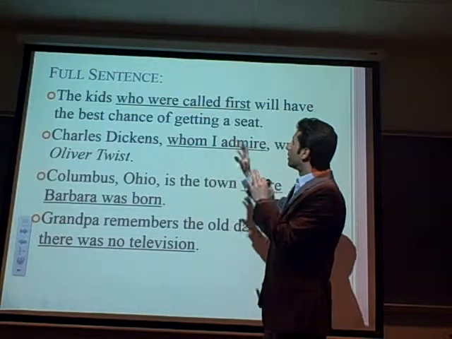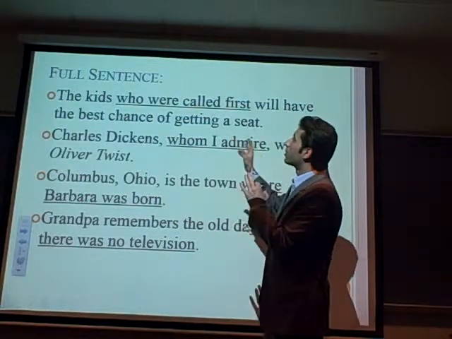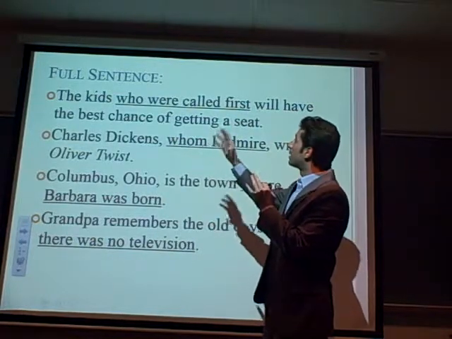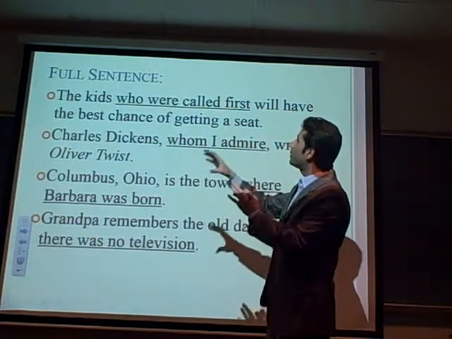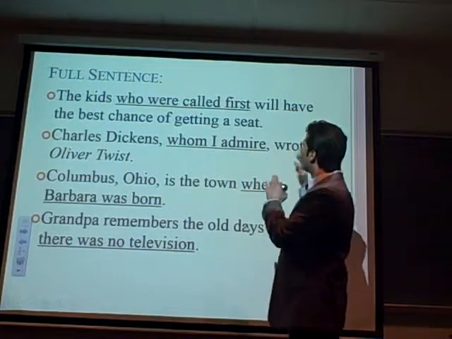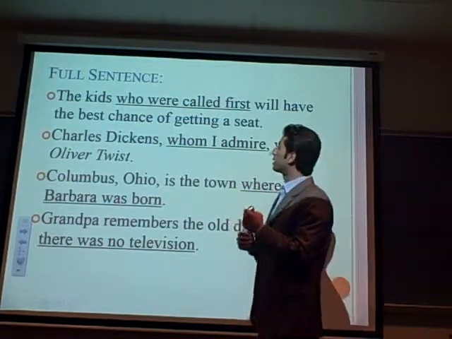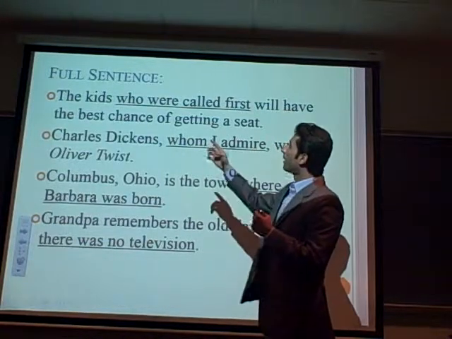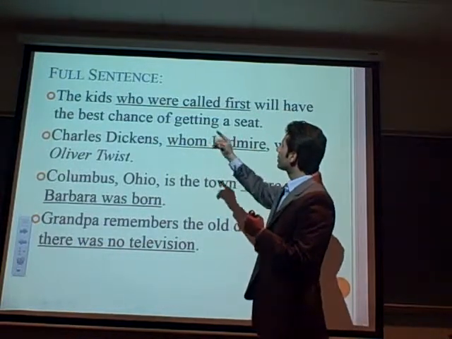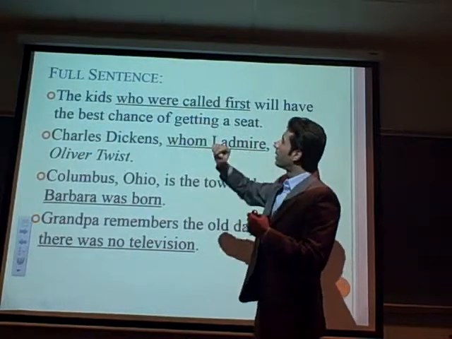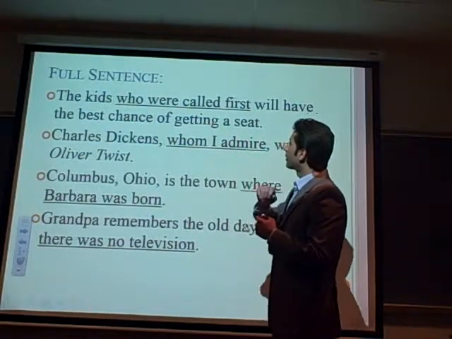So this adjective clause modifies or describes the noun kids, saying the kids who were called first will have the best chance of getting a seat. So we understand what is going on here. And as I mentioned, this adjective clause, who were called first, modifies or describes the noun kids.